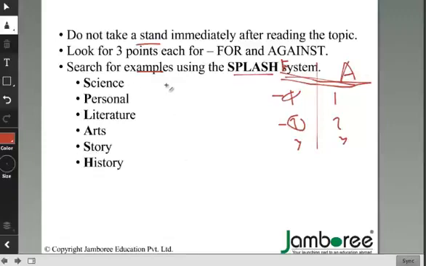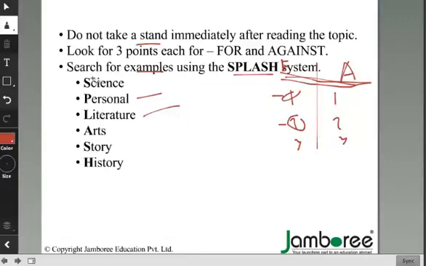So for any topic, do I have any examples related to science? Personal. Do I have any examples related to my own personal life? Literature, arts, story and history. So it helps you find examples instead of just looking for examples in the dark.